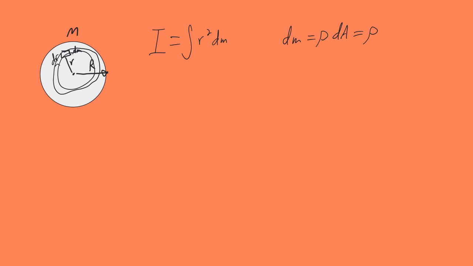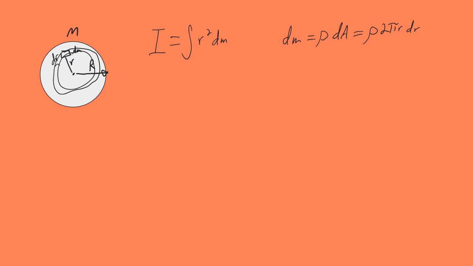The first thing is I'm going to be at a radius, and that is going to get us a circumference of 2 pi r. And then I multiply by my small little radius that makes up the area.